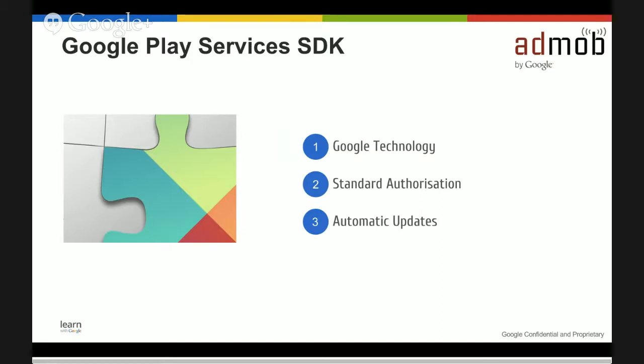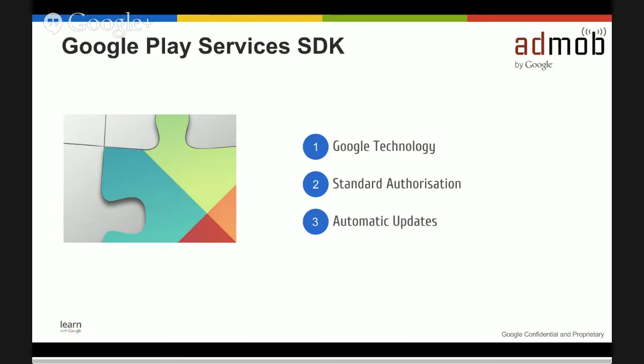But what I wanted to touch on briefly was something really important that we've released recently, and that's the new Android SDK. If you're an Android developer, it's really key that you make use of this SDK, as it enables you to make the most out of some features which we're providing you as Google. So with the new Google Play Services SDK, you're going to make use of Google's technology that will unlock a few things.